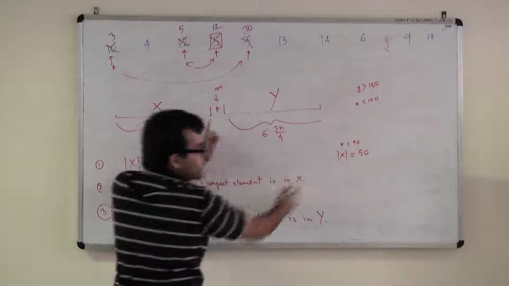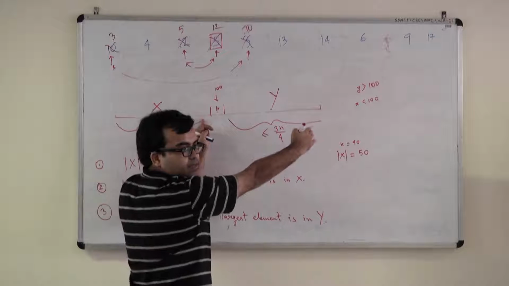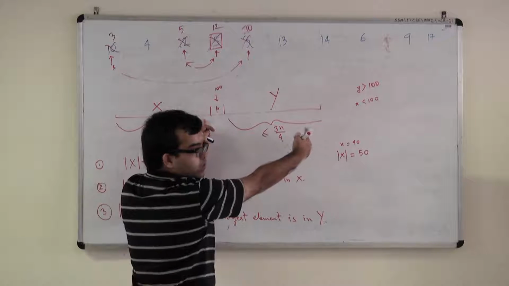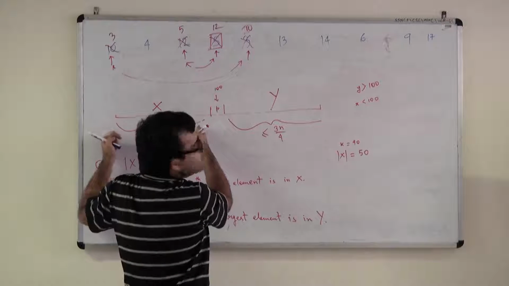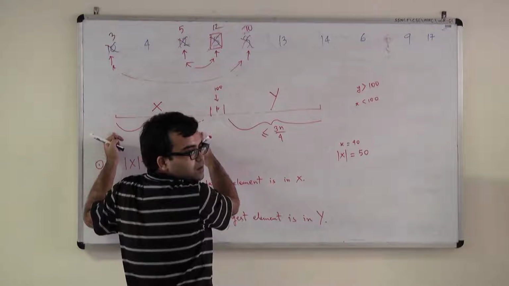And you want the 40th smallest element. Can the 40th smallest element lie in this region? No, because there will then be 50 elements that are smaller than it, right? It's just this.